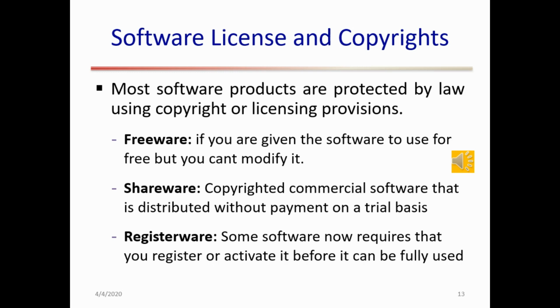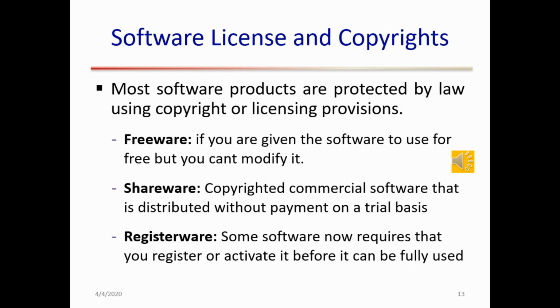The first is the freeware. In this type, you are given the software to use for free, but you will use it as it is and you cannot modify it. The second type is the shareware. The shareware is also a copyrighted commercial software that is distributed without payment.